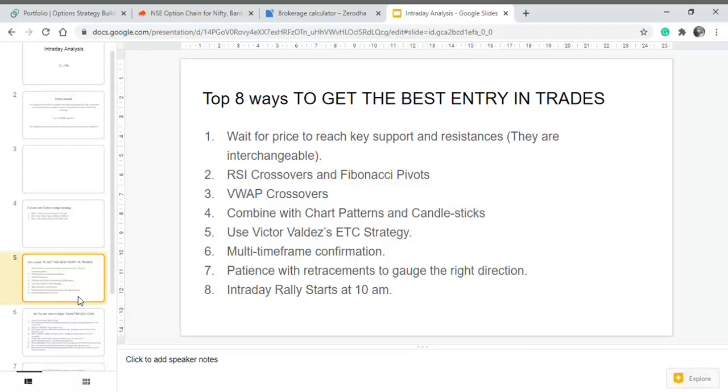You can take into consideration how this ETC strategy, which works based on the 20 and 200 EMA, you can also follow that apart from the rest of it. You can follow this together, because whenever there's a chart pattern or candlestick and the VWAP crosses over, you will definitely have an ETC that satisfies the same strategy. So it all works together.